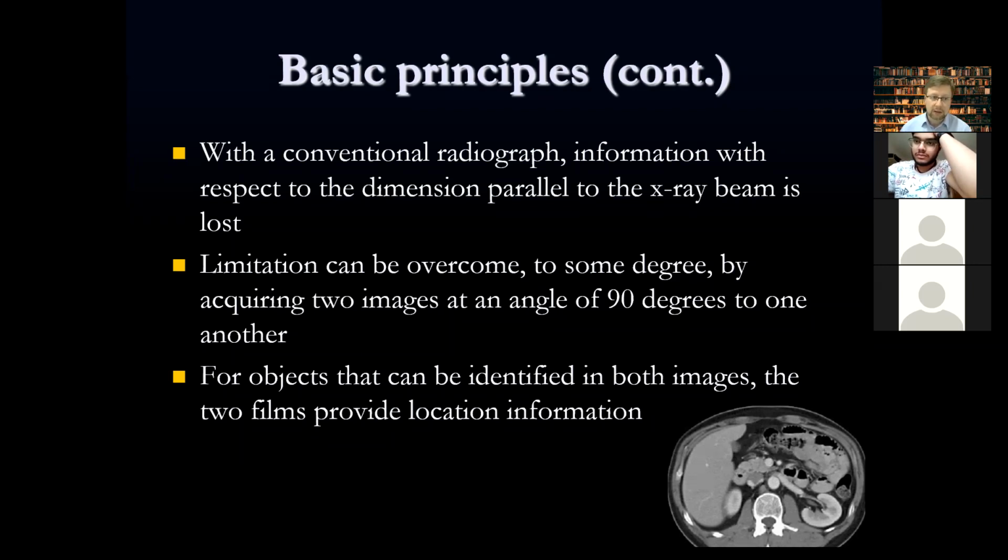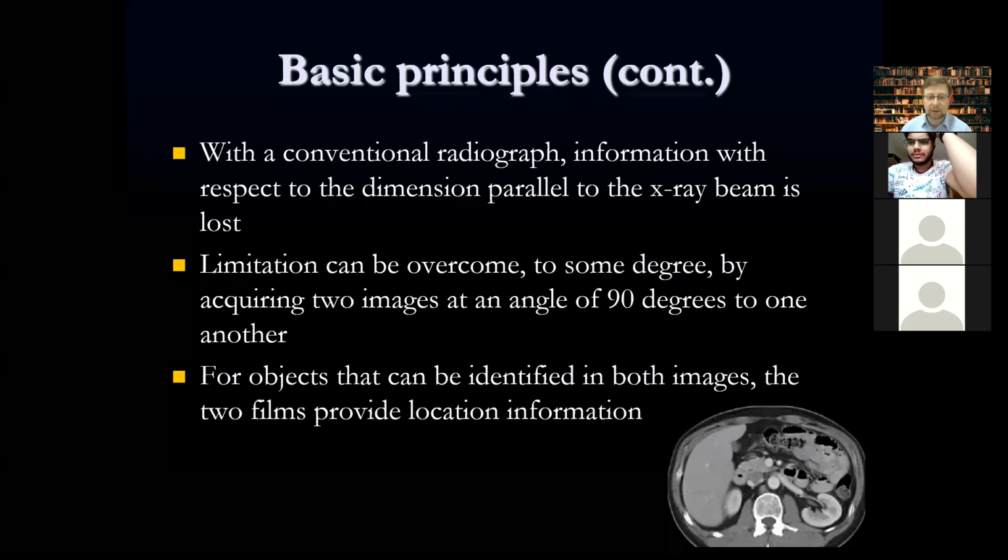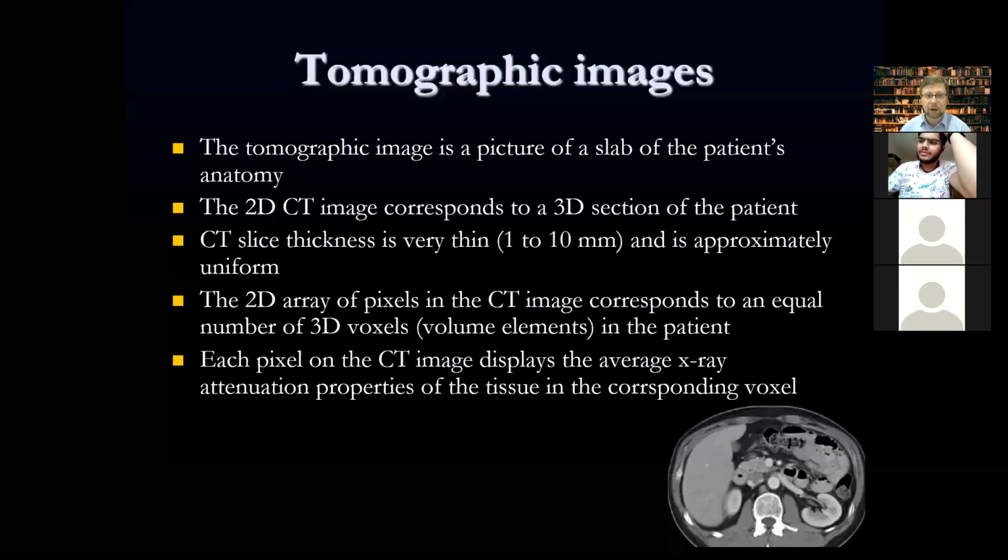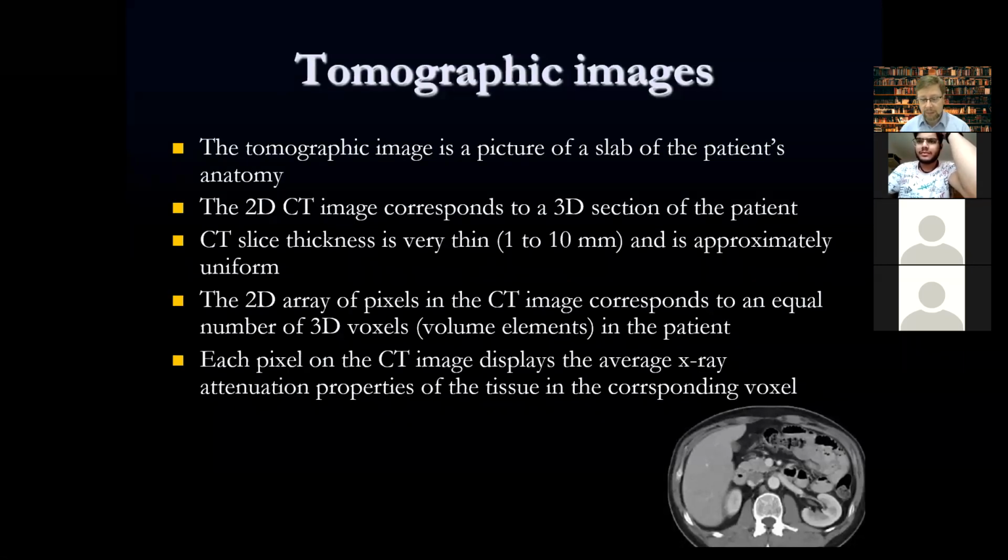But still, it's sometimes not enough. For objects that can be identified in both images, the two films provide location information. But still, it's not enough, especially in the case of tumors, to precisely detect the size, shape, and invasion of the tumor into adjacent tissues.